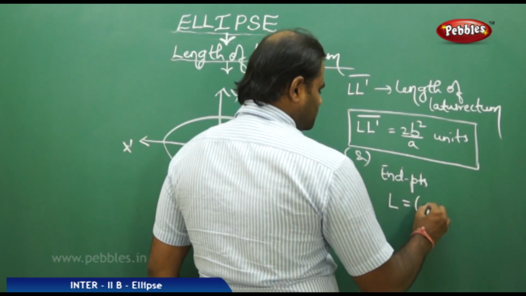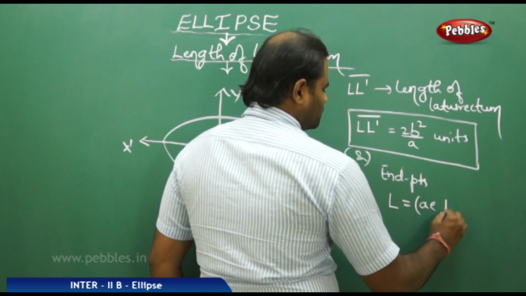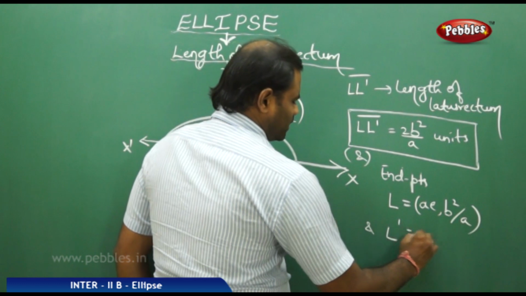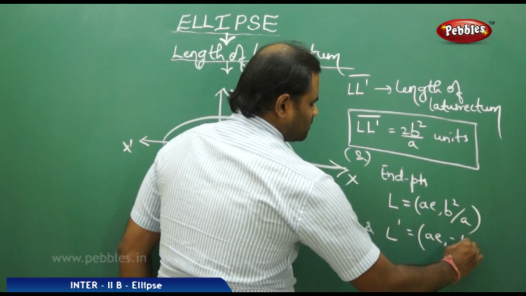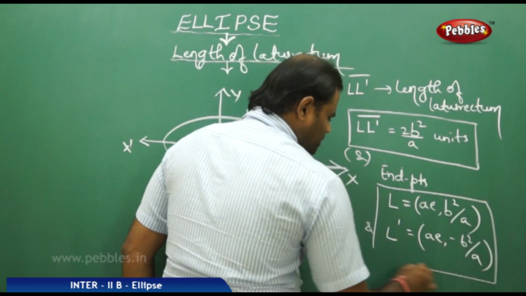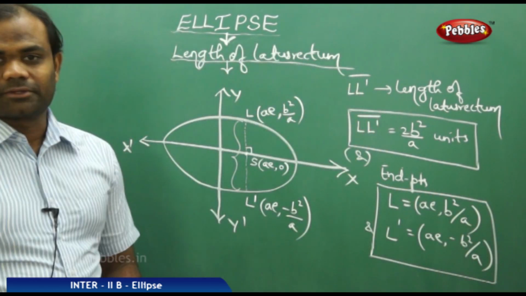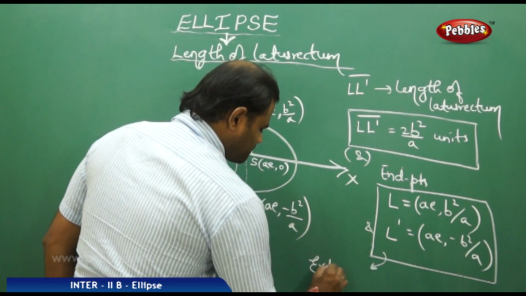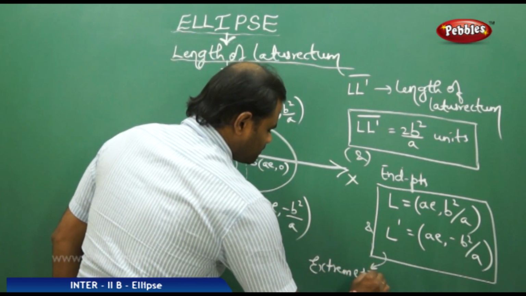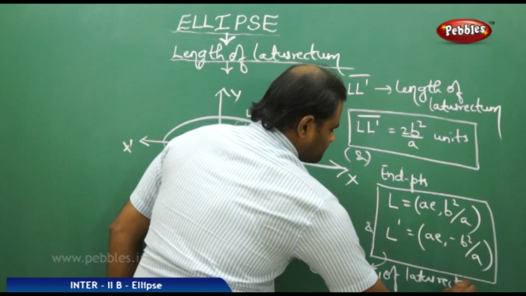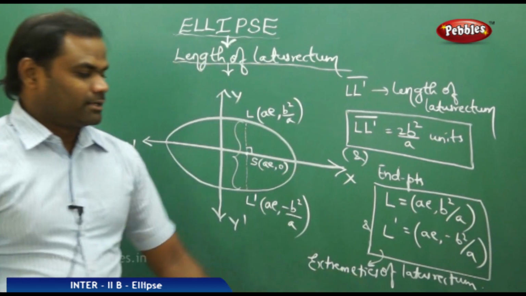L will be (ae, b square by a) and L dash will be (ae, minus b square by a), which are called the extremities of the latus rectum.